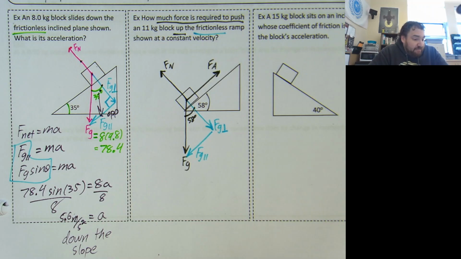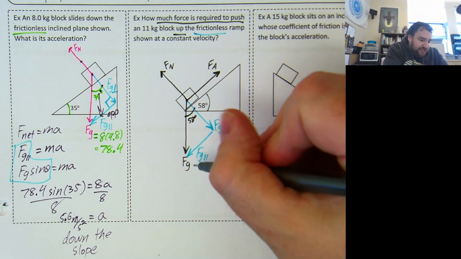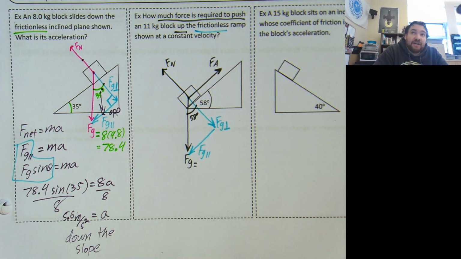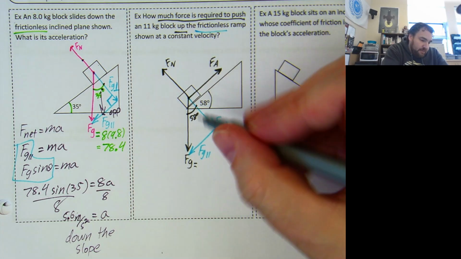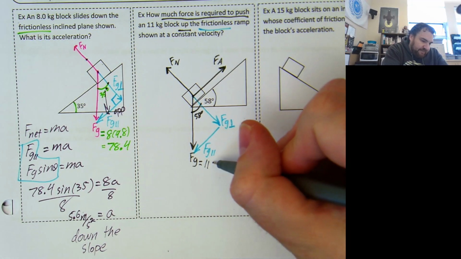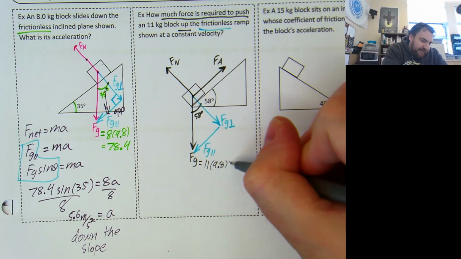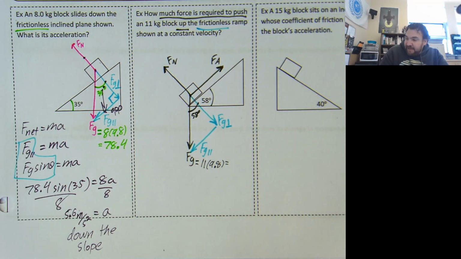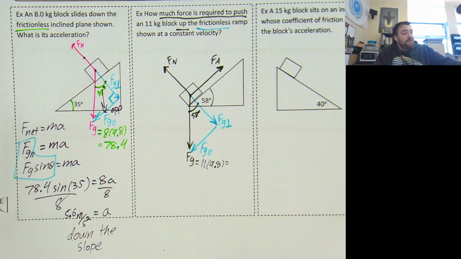We could find Fg. Fg is just going to equal m times g, and we know the mass of the block is 11. So that's just going to be 11 times 9.8, which is 107.8.